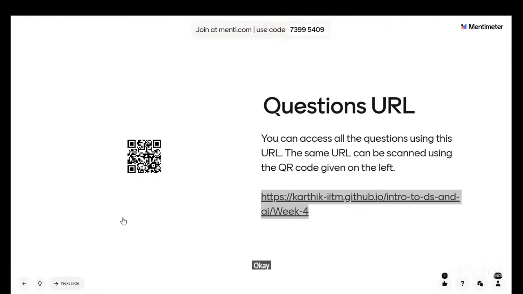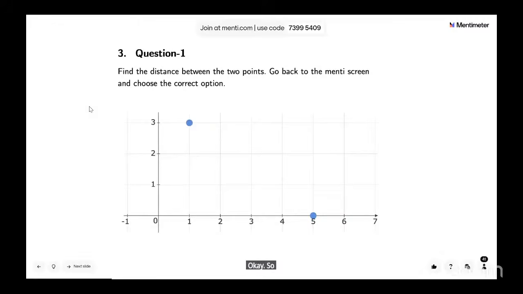Okay. So this is your question number 1. It says that you have to find the distance between the 2 points. So you can see 2 points on your screen and you just have to employ your Euclidean distance calculation and give me the distance between these 2 points.